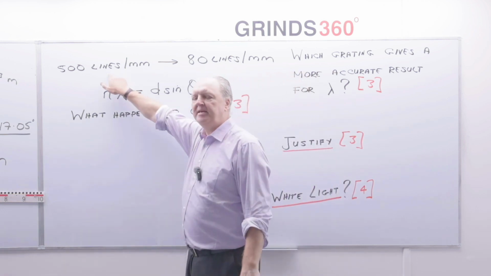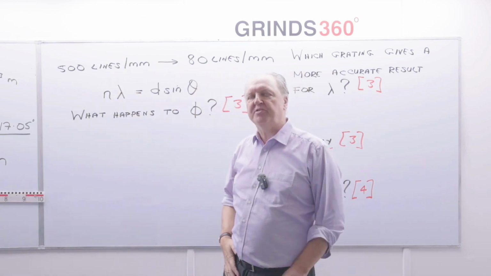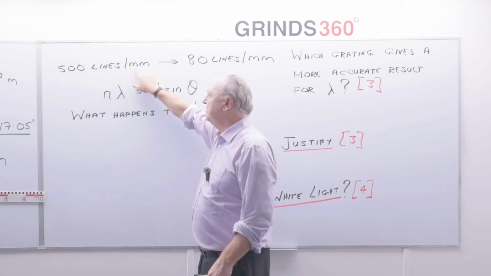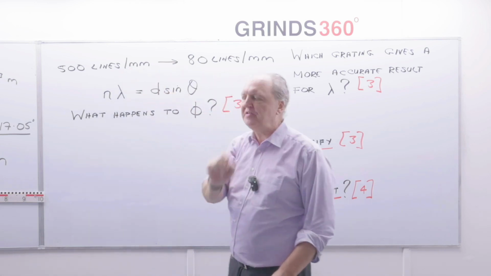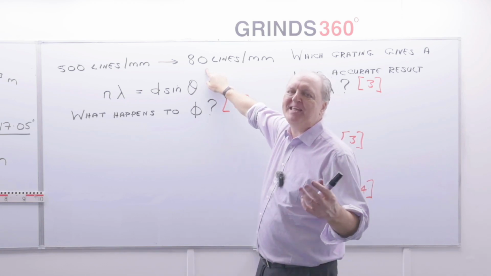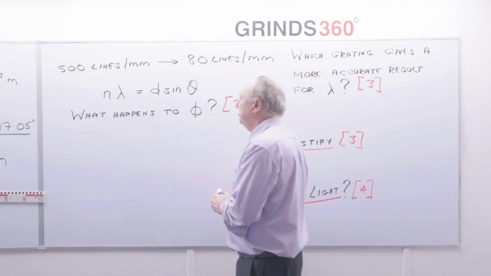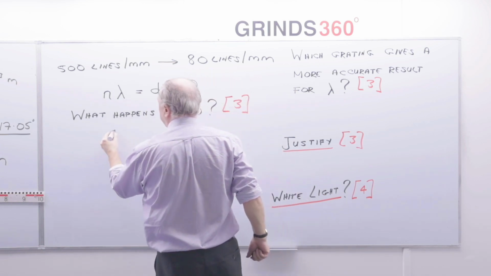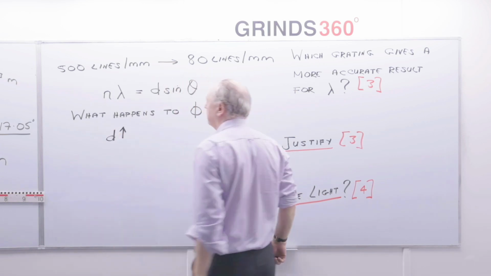Remember, d is the distance between any two lines. If you've got 500 lines per millimeter, d is going to be much smaller, isn't it, compared to having 80 lines per millimeter. There's going to be a bigger gap between the lines. So therefore, I can say, by changing to 80 lines per millimeter, d will go up.